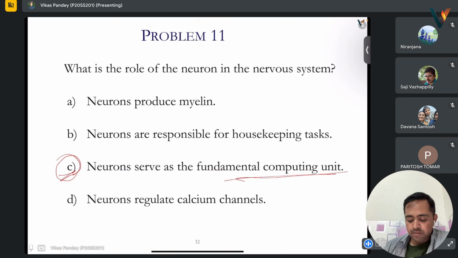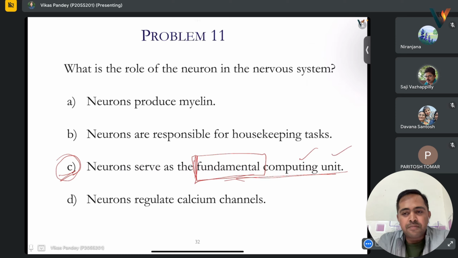Why are we calling it the fundamental computing unit? In a computer, fundamentally it is bits. A neuron also gives one pulse at a time, so we can say it is fundamental, like the binary. Actually, the computation is occurring at an even lower scale.